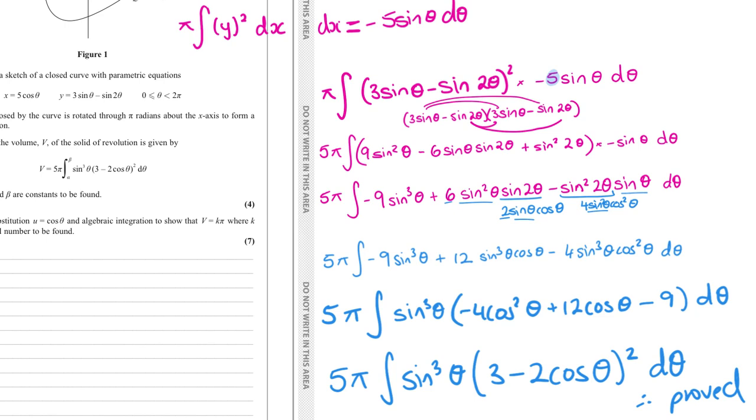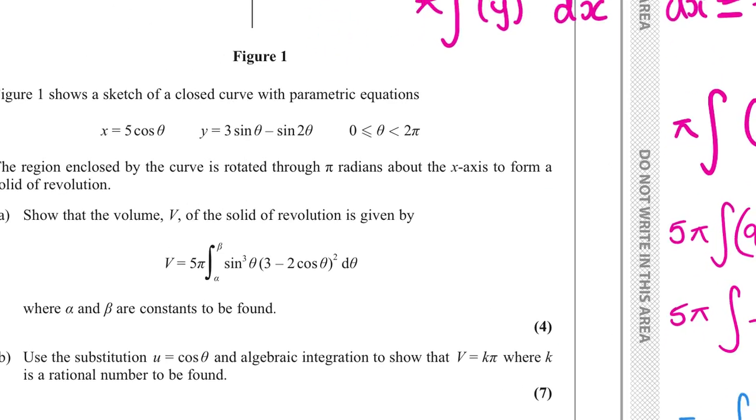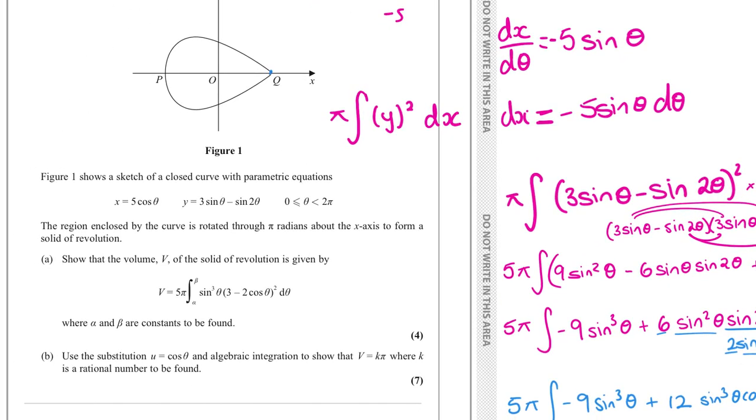Now we need to find alpha and beta. So what do we know about alpha and beta? It's when y equals 0.